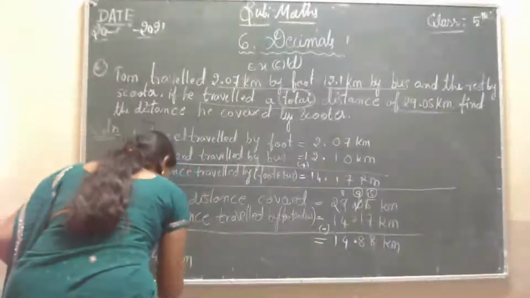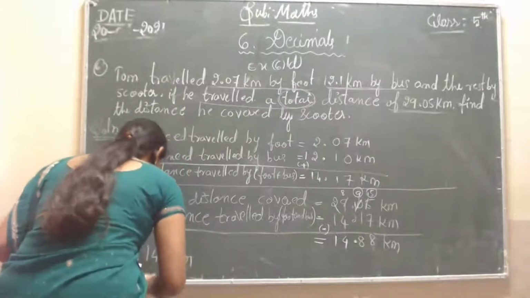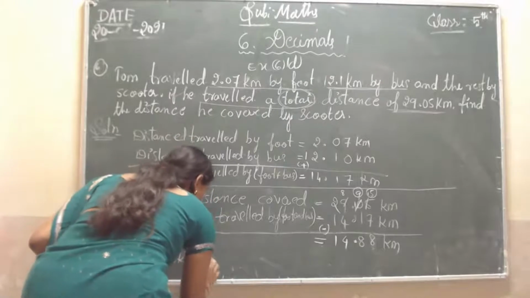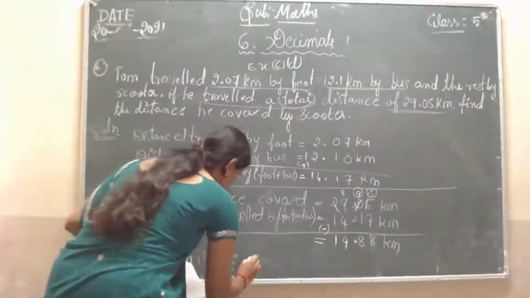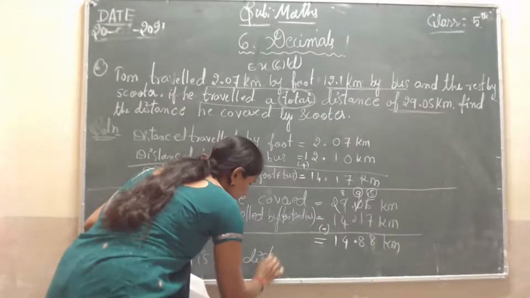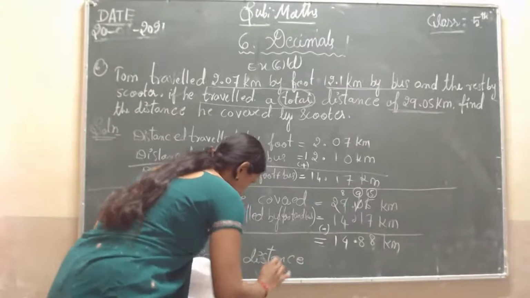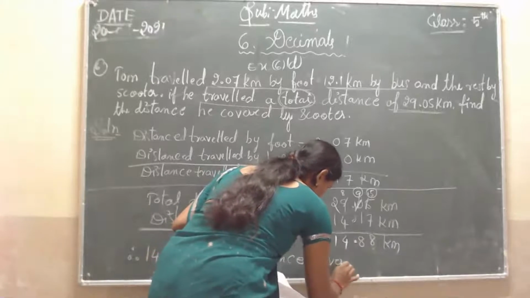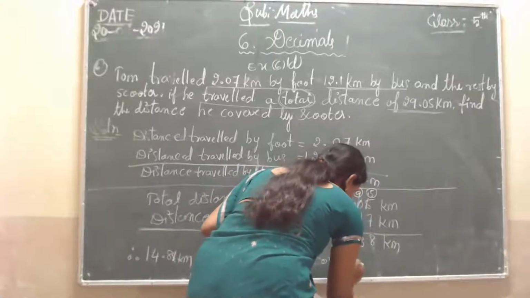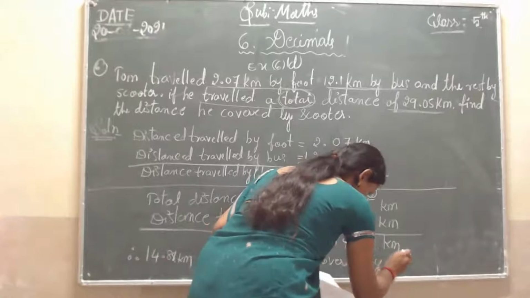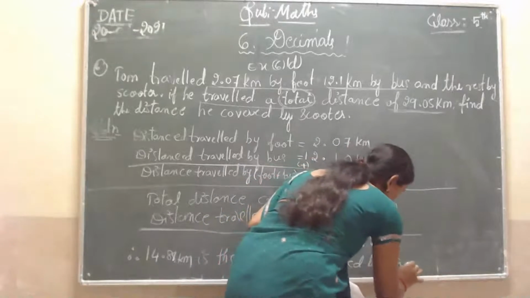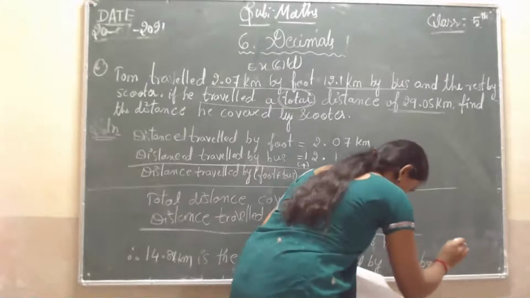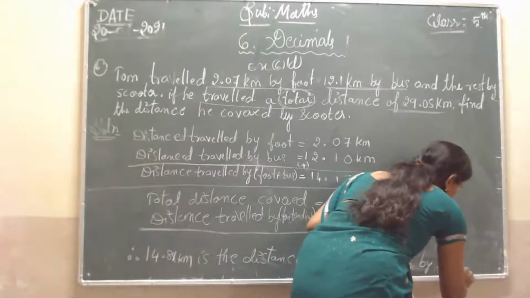So 14.88 kilometer is the distance covered by Tom by scooter.